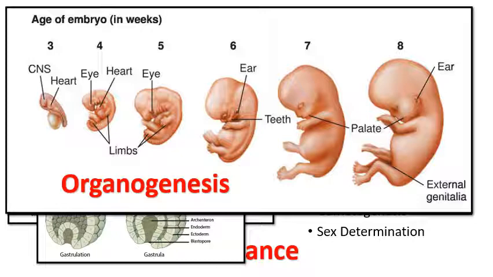And oftentimes a woman may not know that she's pregnant for the first 2 months. So during the first month, a woman may not even realize she's pregnant. So organogenesis occurs during the first 5 weeks. That's probably the most vulnerable time for the developing baby.